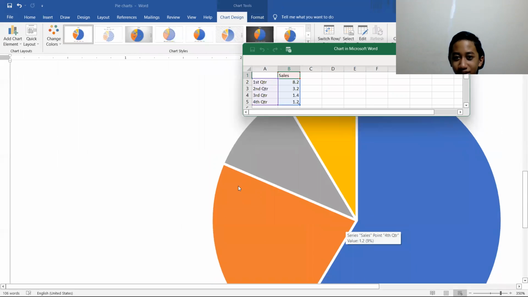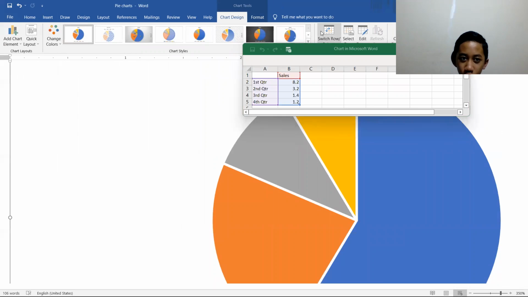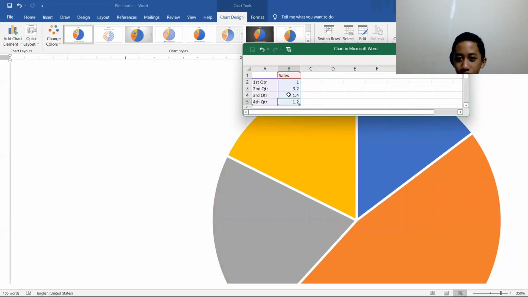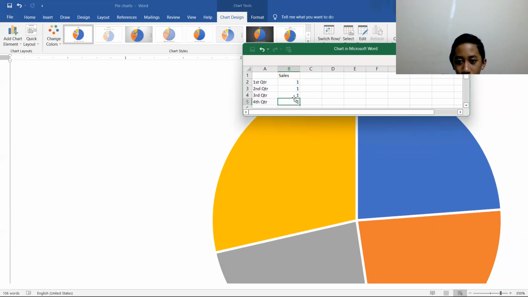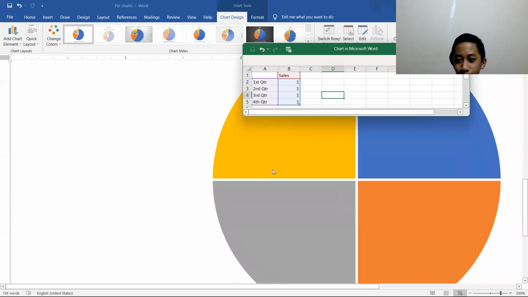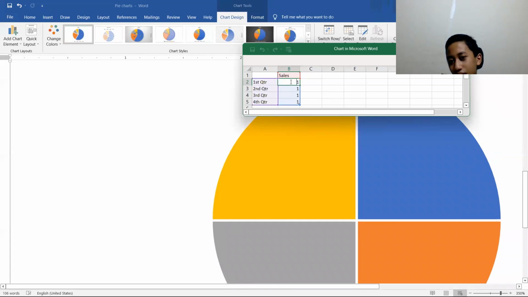And here we go. There is Excel again. Then there are the chart styles and such. Let's say sales. Let's just edit the numbers. Maybe all of them should be one. See, it changes automatically. Let's see if 1, 1, 1. Okay, it's perfectly not 25.